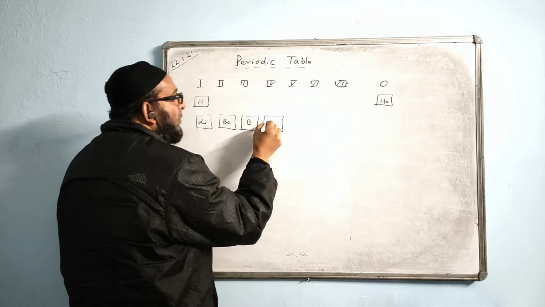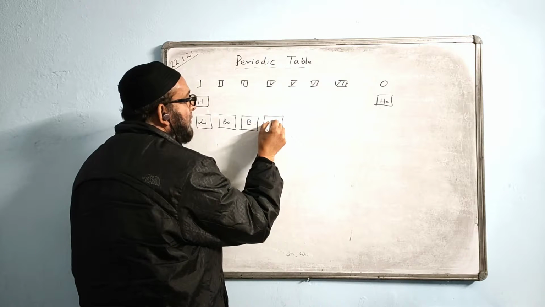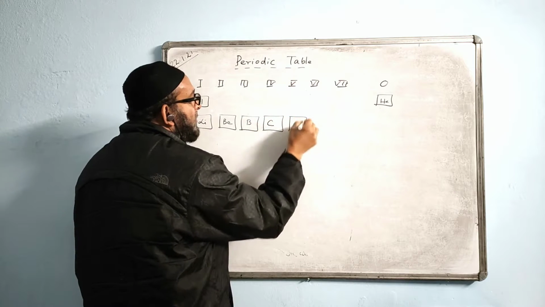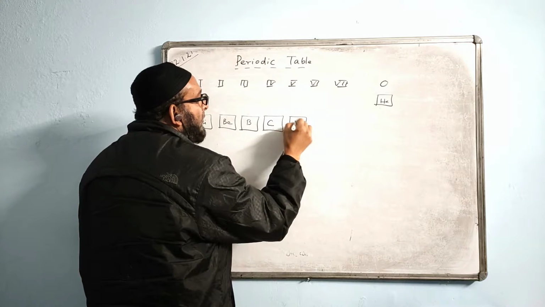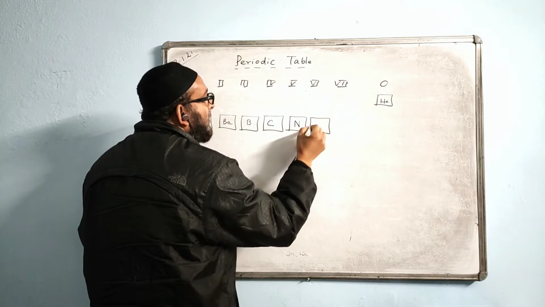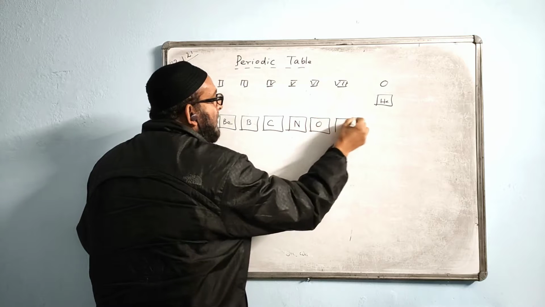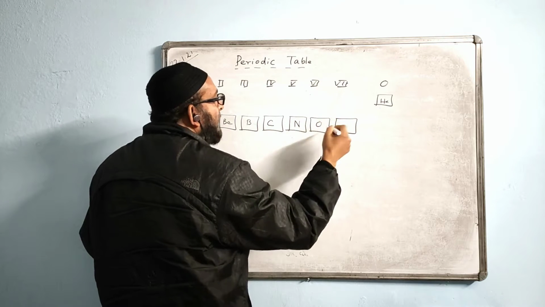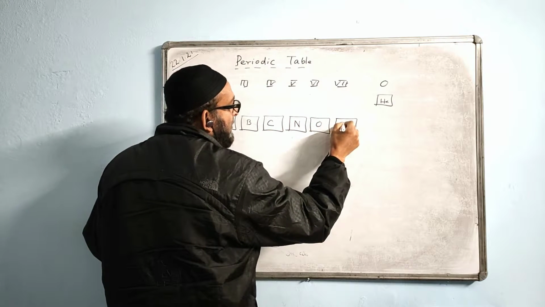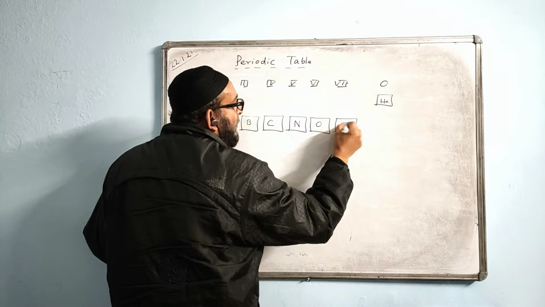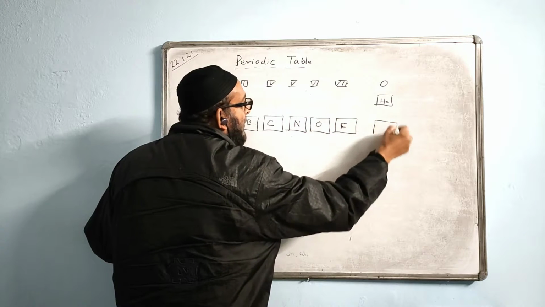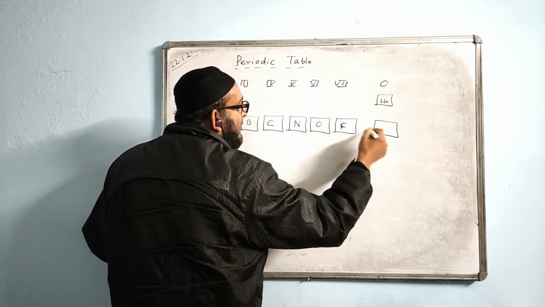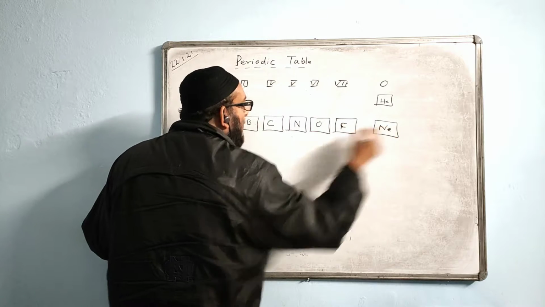After boron comes carbon, then nitrogen, then oxygen, then fluorine, then neon.